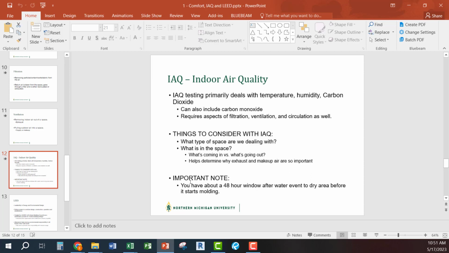Mold is a big deal, but a lot of people don't understand that black mold requires an awful lot of humidity at a pretty high temperature for a very extended amount of time. Generally speaking, we don't get black mold anywhere north of about Tennessee. Even though mold in the northern areas may be black in color, it's not what we would consider black mold. So just make note of that.